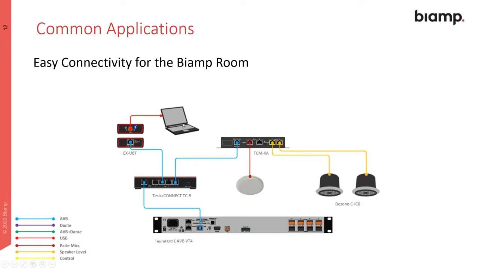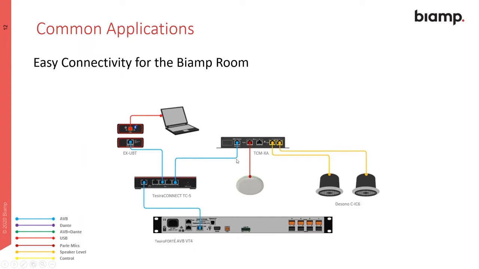You can just connect the USB port to your laptop and connect everything into the TesiraCONNECT 5, and you can have connectivity from the AVB port of the VT4, and you will have a full system.